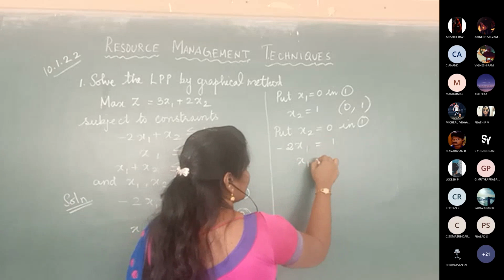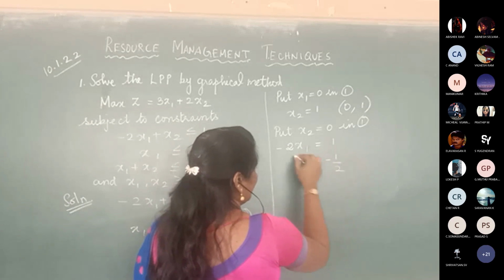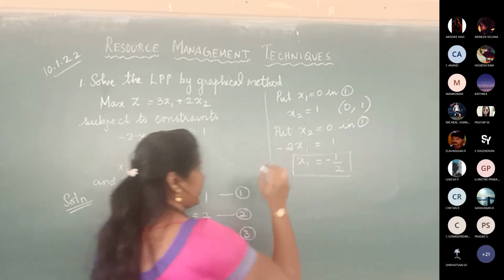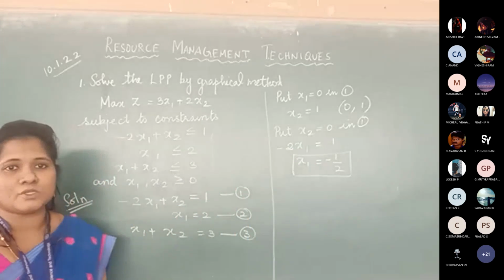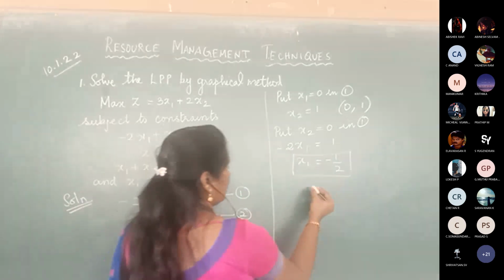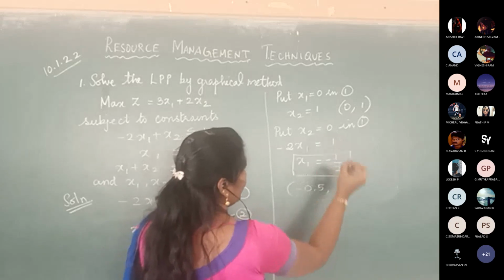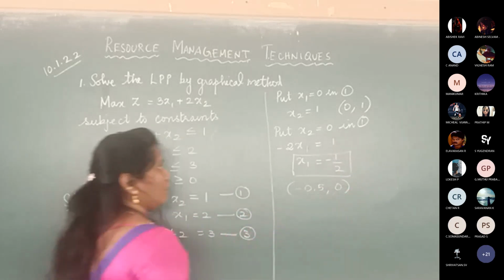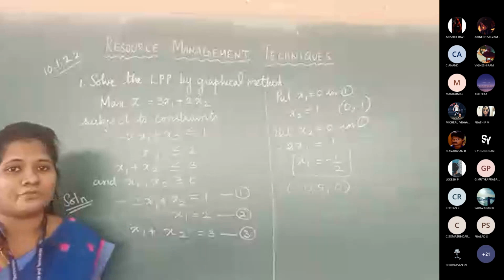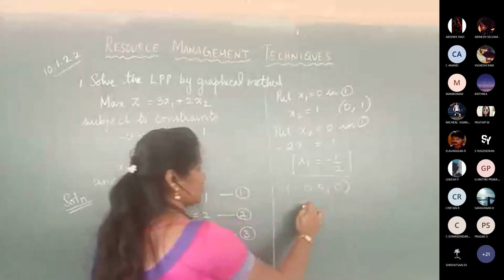So from that, your x1 is equal to minus 1 by 2, which is nothing but minus 0.5. So this point will be (minus 0.5, 0). So for your first equation, we have got this point and this point.